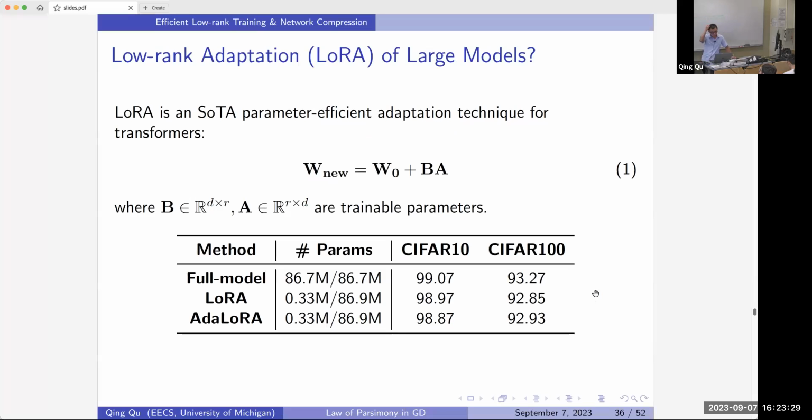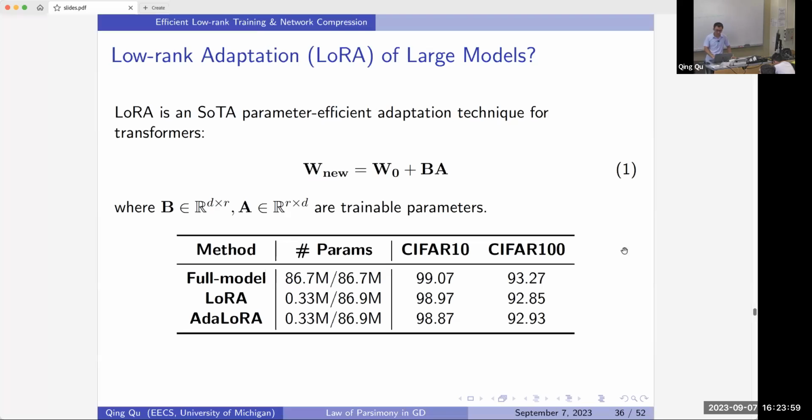Another thing is that this invariant subspace might shed some light on recent work on LoRA. LoRA is a low rank adaptation approach, right? If you pre-train a large scale model and then want to fine tune it on downstream tasks, what people usually do nowadays is use parameter efficient fine tuning methods called low rank adaptation, or LoRA.